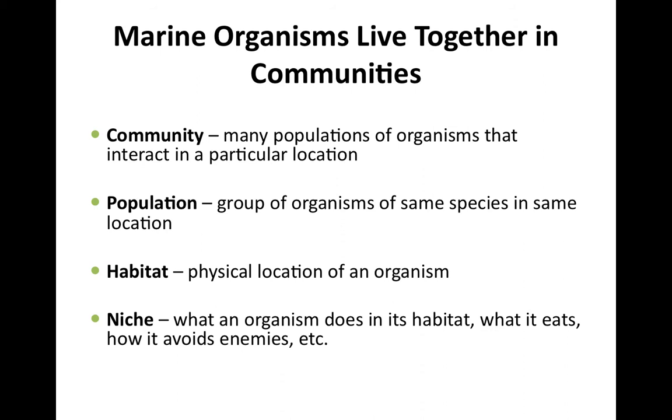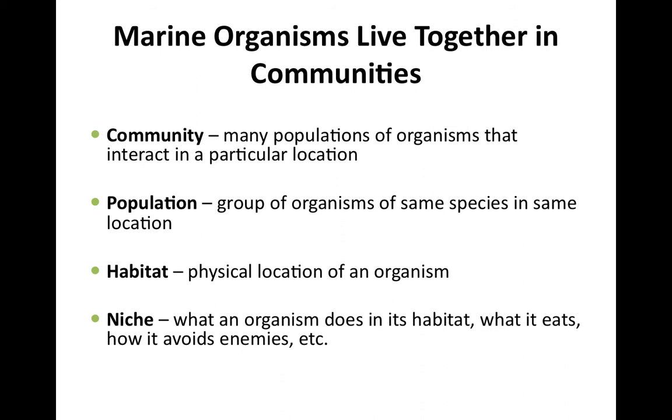Now, that population lives in a habitat, which is the physical location of that organism or population of organisms. So you could say there is a population of sea anemone that live in the coral reef. The group of organisms of the same species, the sea anemone, is the population that lives in the habitat that is the coral reef.